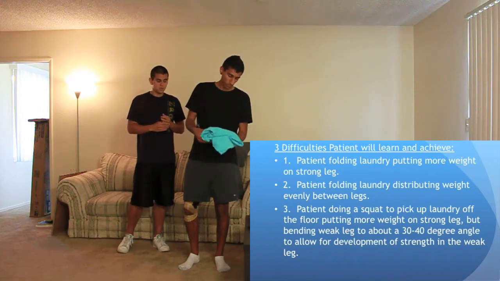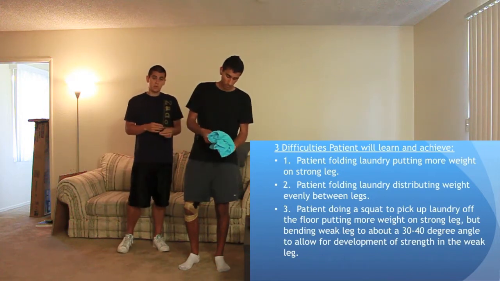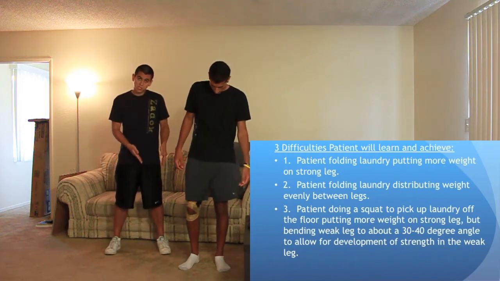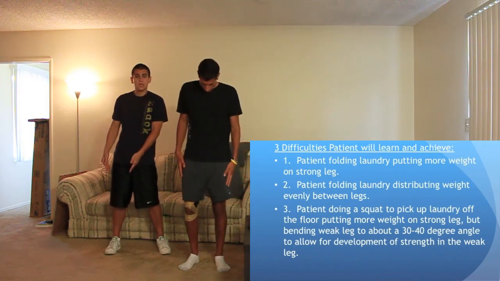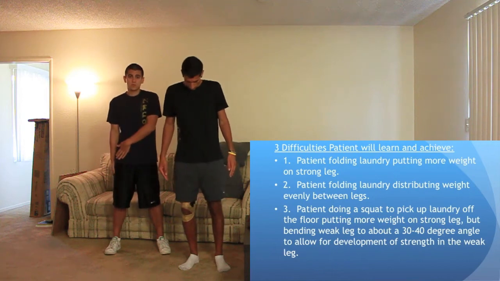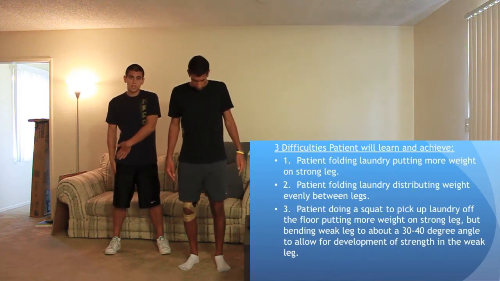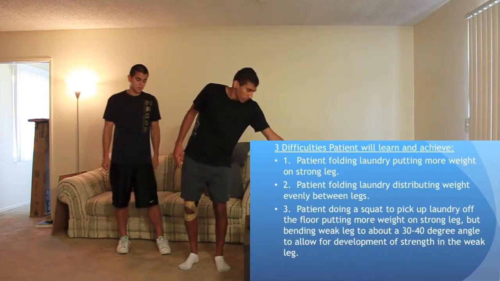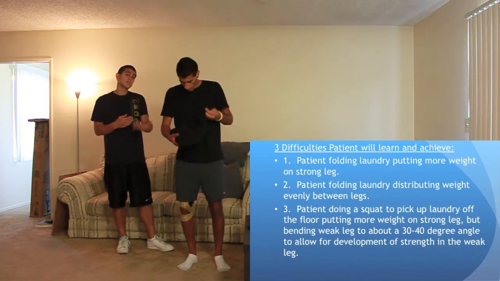Now we're going to upgrade him to the second difficulty, where his weight is going to be now 50% on the left, 50% on the right, creating a heavier weight distribution on the right leg, which will increase the amount of load put on the knee there, which we're trying to gradually increase.